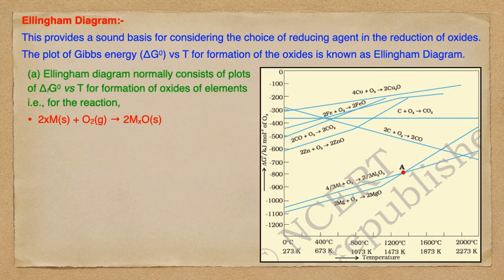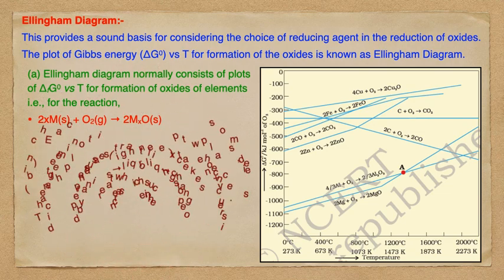Now, first point: the Ellingham diagram normally consists of plots of delta G naught versus temperature for the formation of oxides of elements, that is, the metal is combined with oxygen forming the oxide. That is, the affinity for oxygen is shown by this diagram.